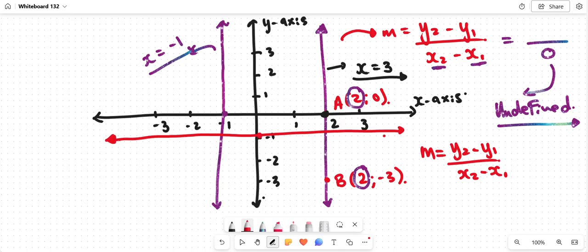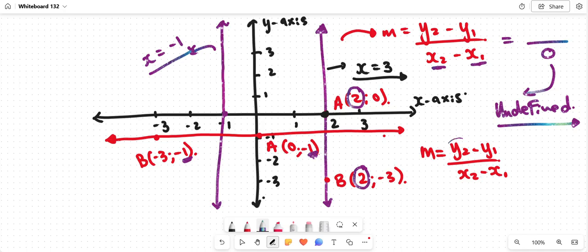Let me take a point there as my A, which would be (0, -1). Let me take another point there, which is my B, which would be (-3, -1).